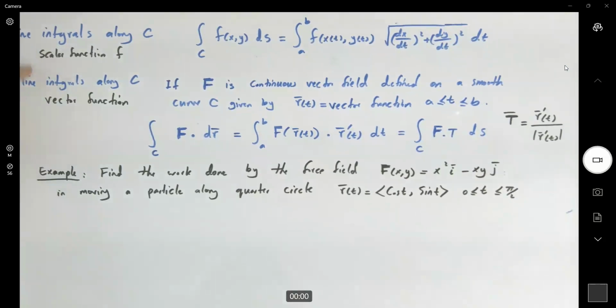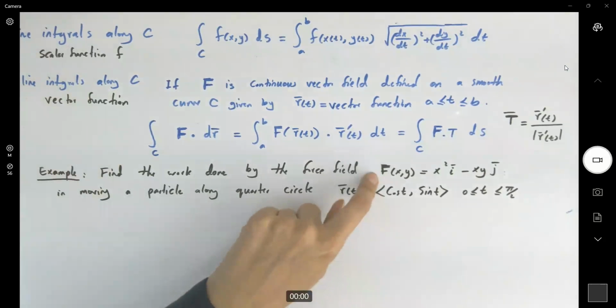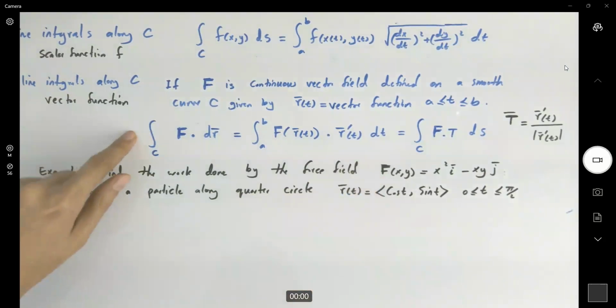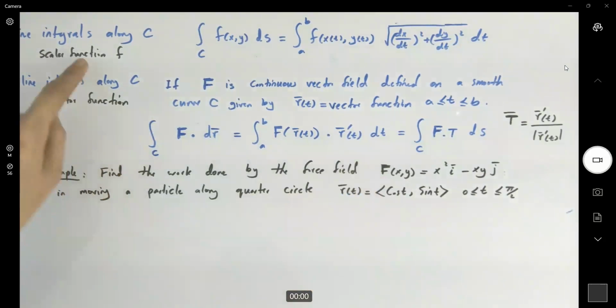So between these two formulas, since this function is a vector function, you're going to follow the second formula. The first formula applies when you have a scalar function. The second formula applies when you have a vector function. So take a look.